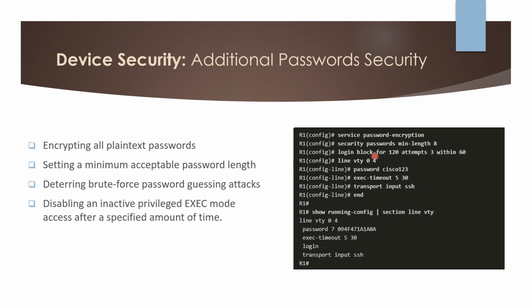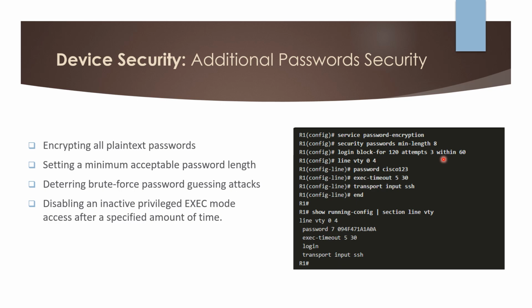Here in this example, we are using login block-for 120 attempts 3 within 60, which means that we'll block the VTY login attempts for 120 seconds if there are 3 failed logins within 60 seconds.